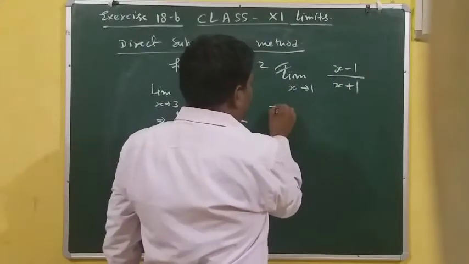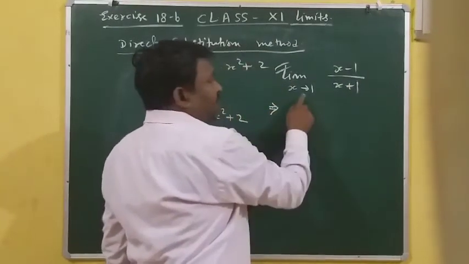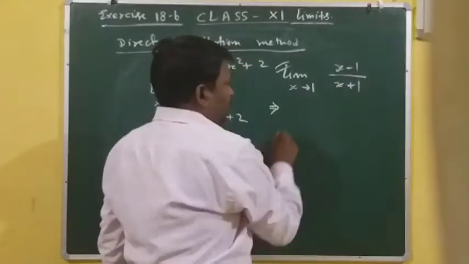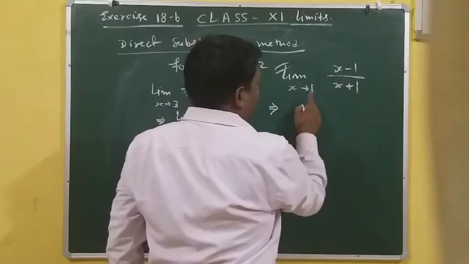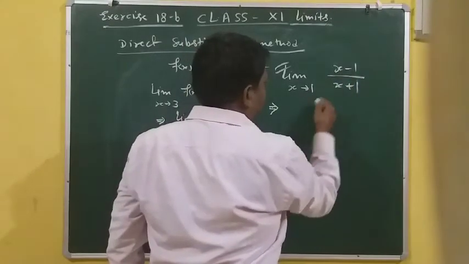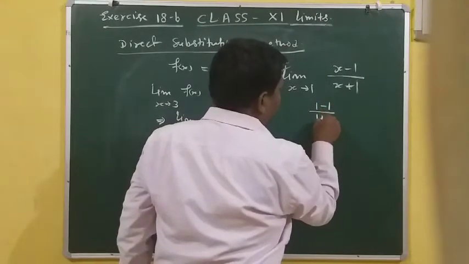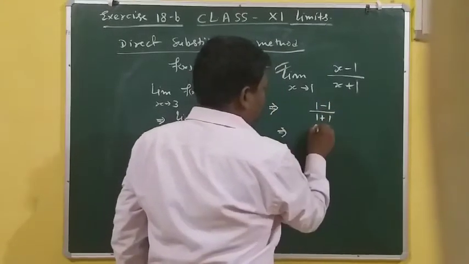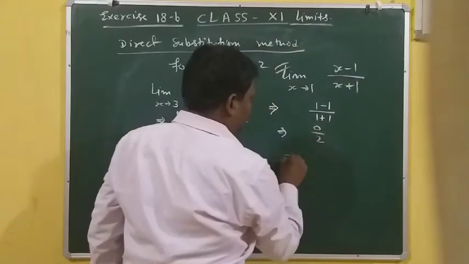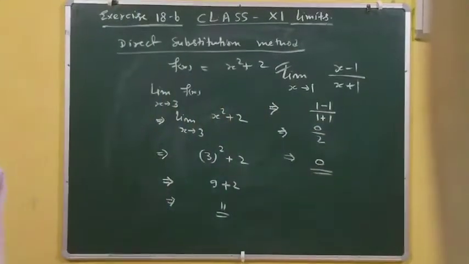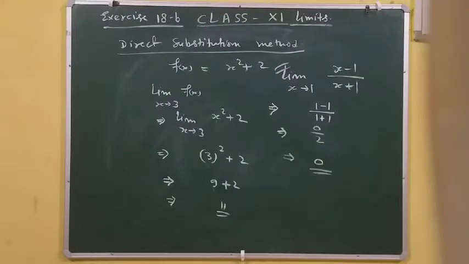I have told you earlier, directly you can substitute x equal to 1. So putting 1 at the place of x, you will get (1 minus 1) upon (1 plus 1). This implies 0 upon 2, which implies 0. This is your limit.